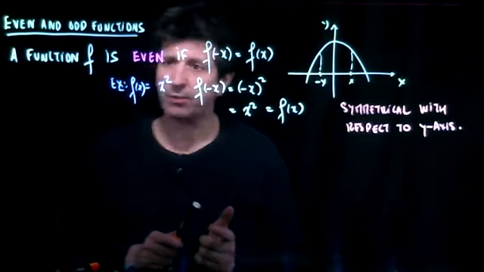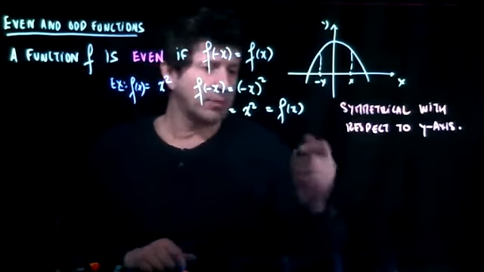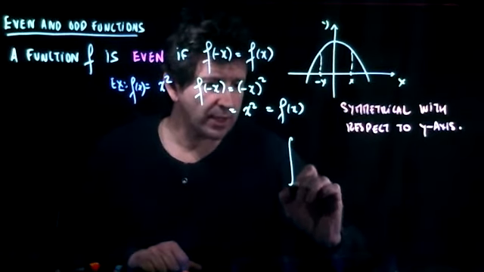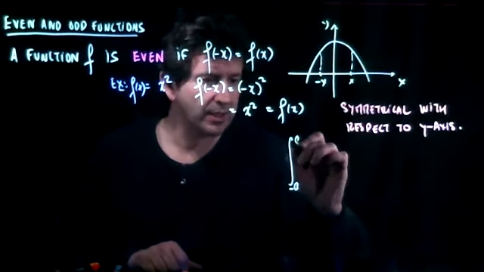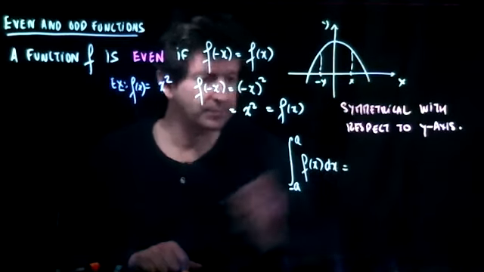So what's interesting about that? Well, why do we mention this? Because of the area now from negative a to a of f of x dx.